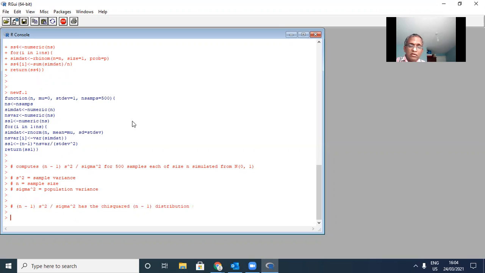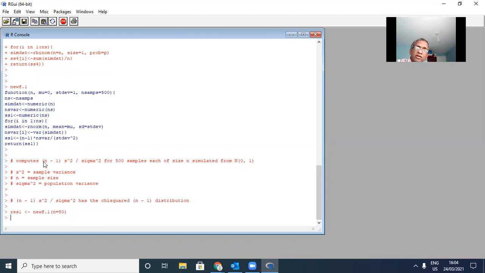All right. So the first thing I'm going to do is simulate 500 values of this with n equal to 50, right, and sigma equal to 1, because we are simulating from standard normal, right?